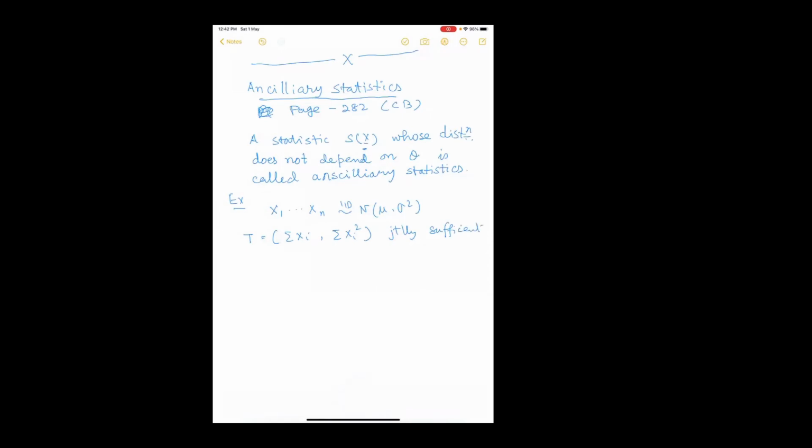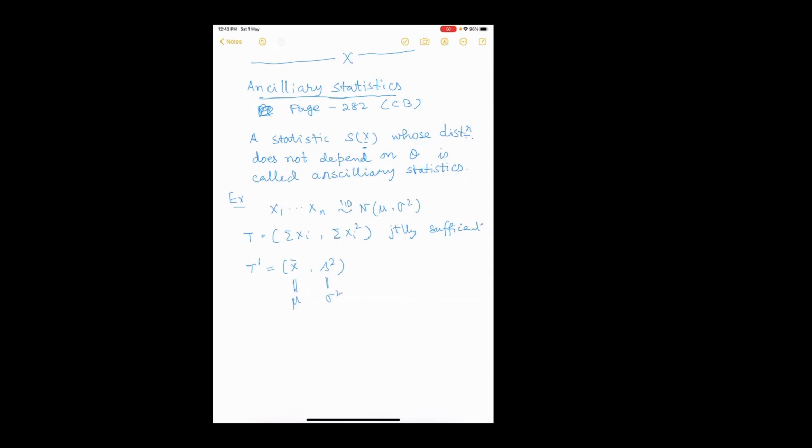Okay. Now I want to understand, we do know in some sense that T dash itself is X bar and S square. And X bar is generally used to estimate mu, and S square estimates sigma square.